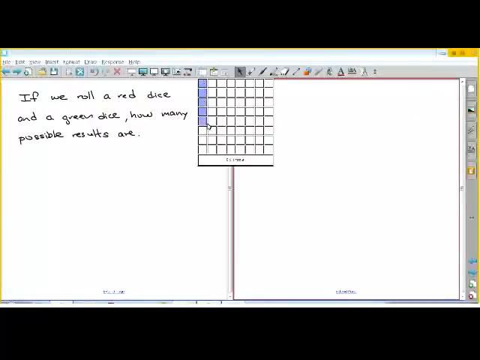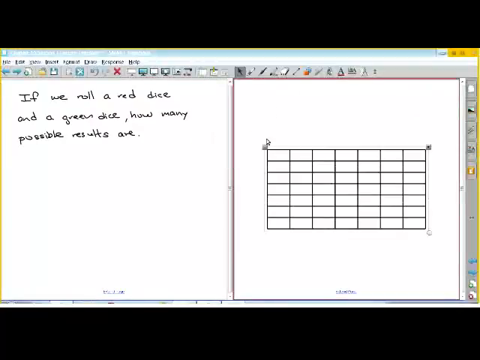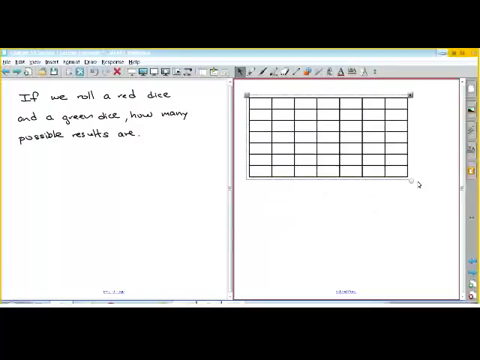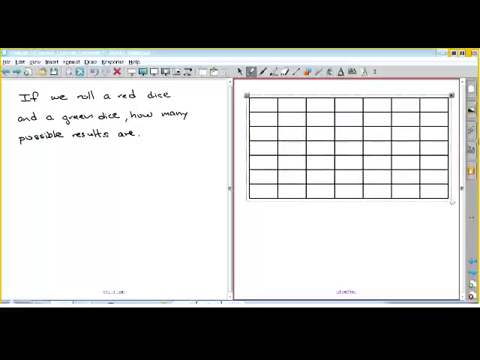It's not 6 by 6, it's 7 by 7 because I need to put the headers on here. So the red dice can have 1, 2, 3, 4, 5, 6, and the green dice can have 1, 2, 3, 4, 5, 6. Those are all the possibilities of the 2 dice.